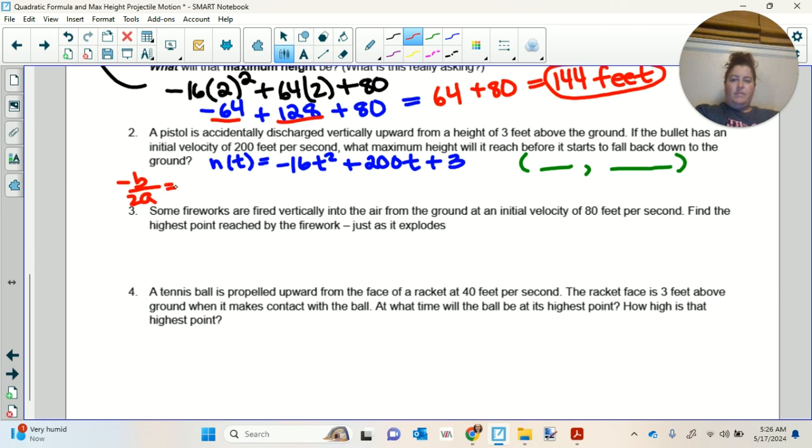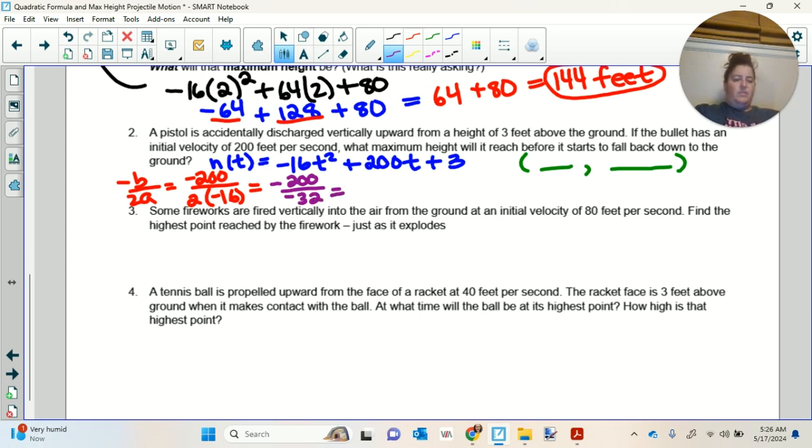In this case, that would be negative 200 divided by 2 times negative 16. The nice thing about the projectile motion problems is you can pretty reliably predict what that bottom is going to be, because a is always going to be negative 16 if we are talking about feet. So it's negative 200 over negative 32.